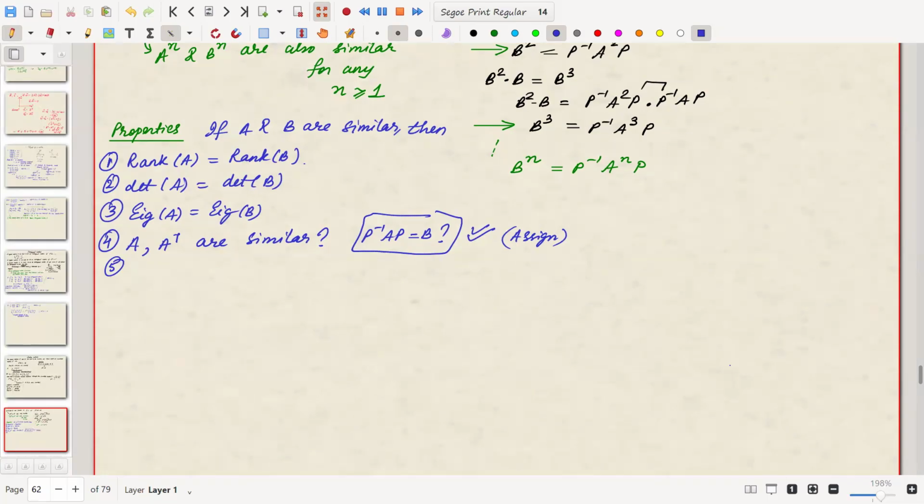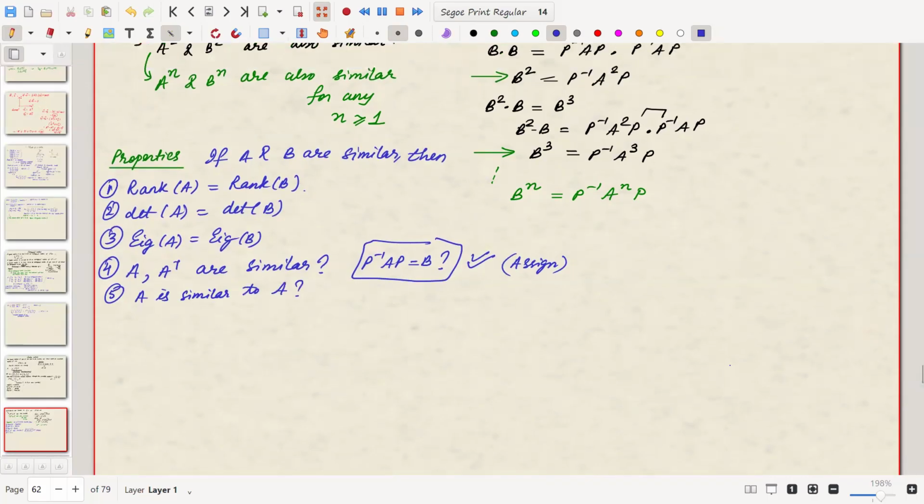Anyway, A is similar to itself, right? A is similar to A. Do you agree to this? Why?